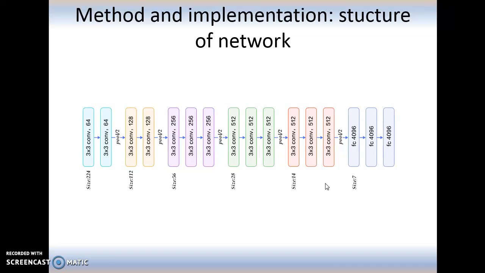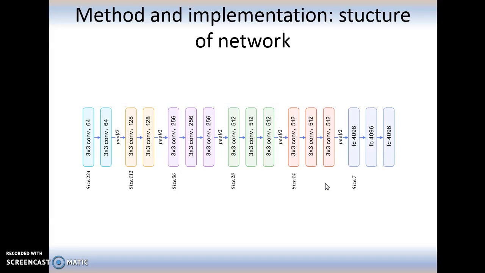Here I'm going to introduce the implementation of our work. The network we use is a VGG network, which is widely used in the image processing area. This network is composed of 16 weight layers. Among all layers, there are 5 groups of convolutional layers. Each group of convolutional layers is connected by a 2x2 pooling layer.